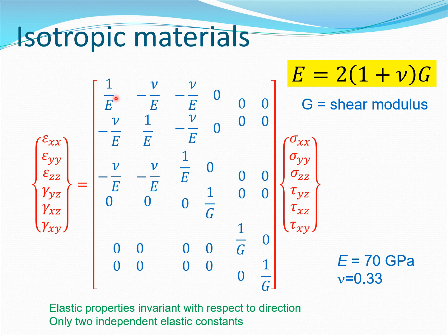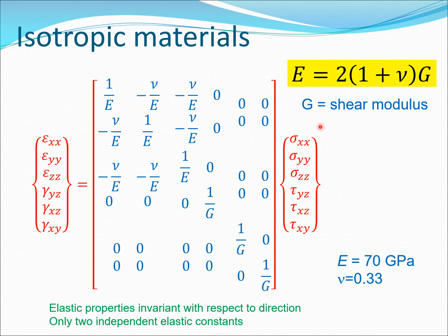Here in the diagonal terms you have 1 by E for these 3 rows and columns, and you have 1 by G for these 3 rows and columns. So essentially, whenever you are relating normal strains to normal stresses, you have Young's modulus, and when you are relating shear strains to shear stresses, you have the shear modulus given by G.